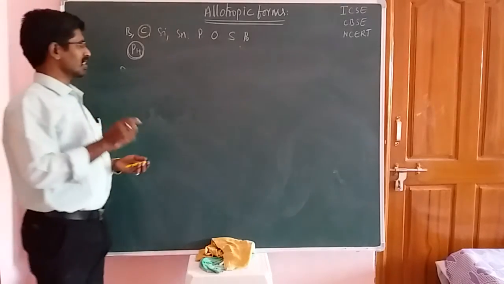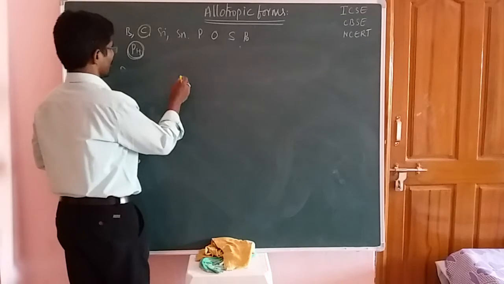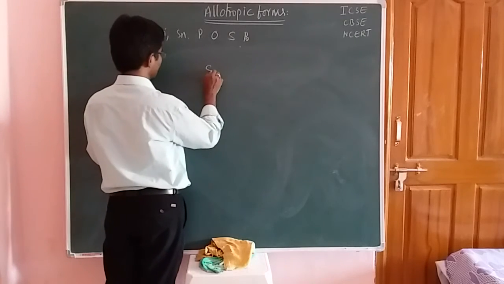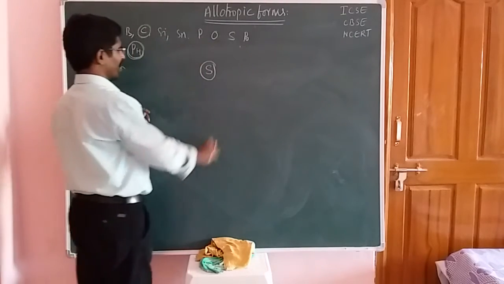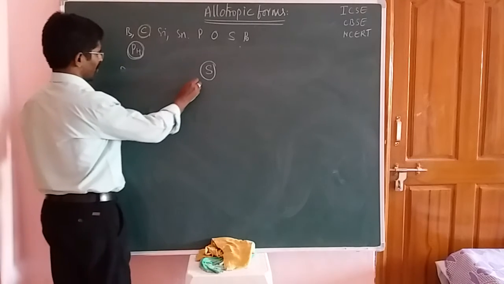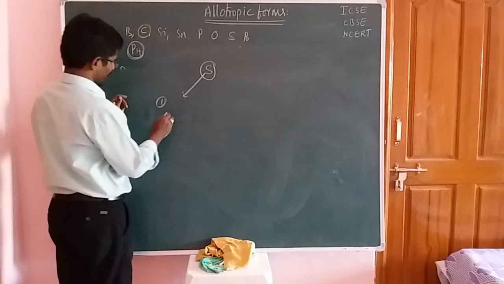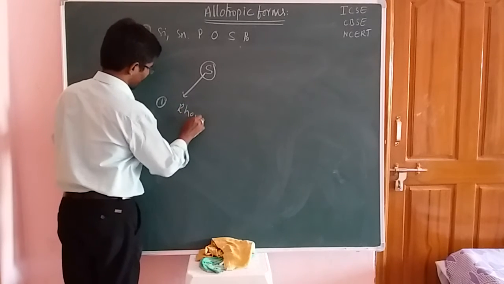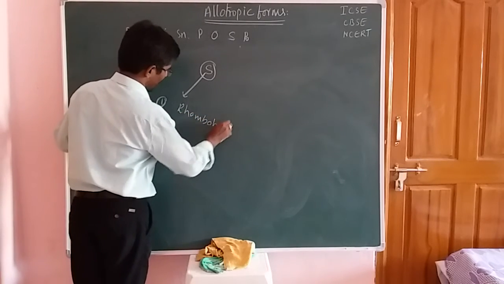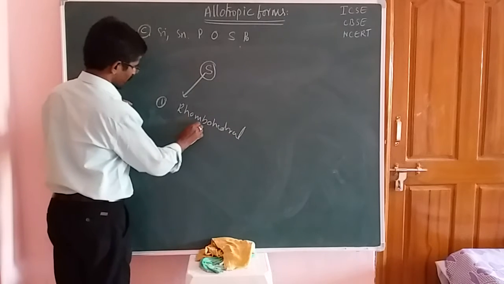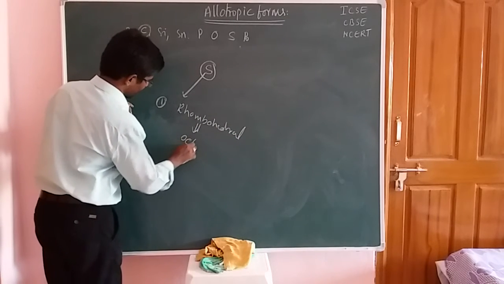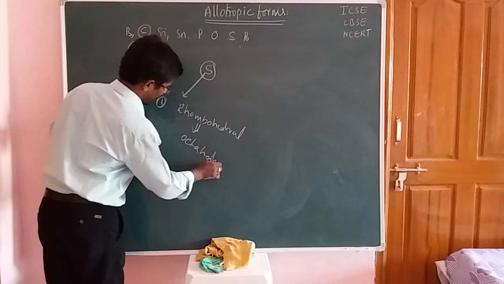Next one is sulfur. Sulfur exists in different types of allotropic forms, students. The first type is rhombohedral sulfur, which is octahedral in shape.